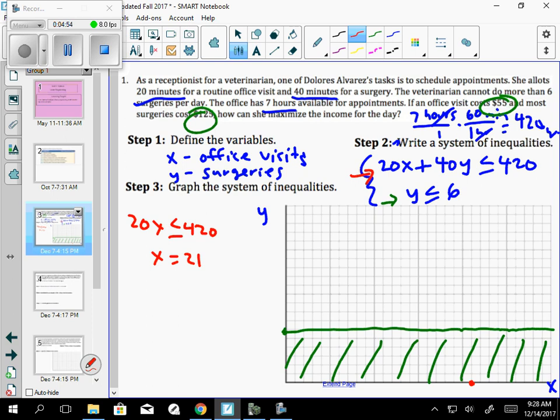Let's do the same thing now for y. Let's cover up the x and solve for the y. So if we do that, we got 420.